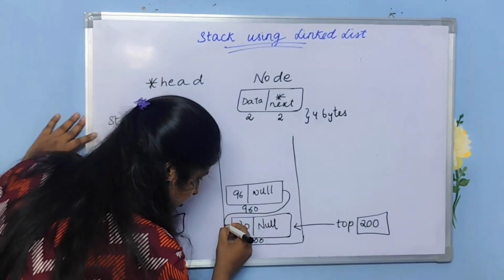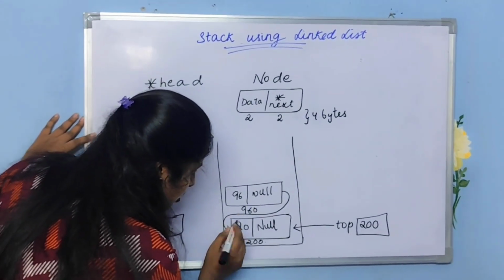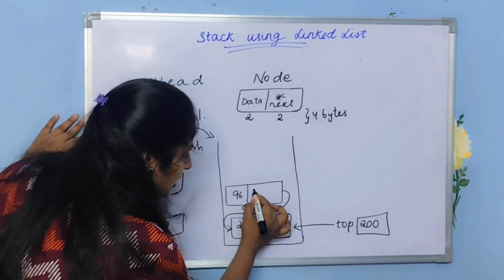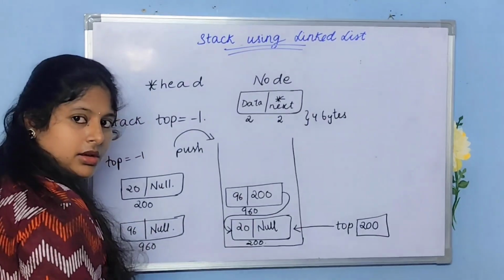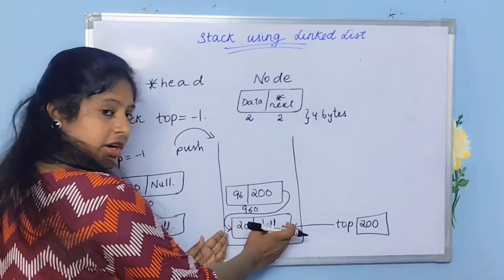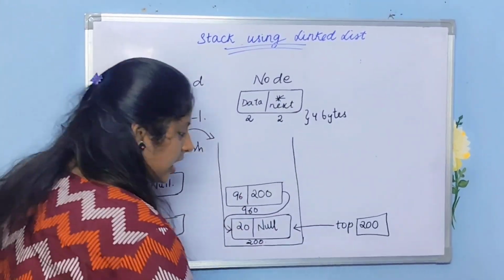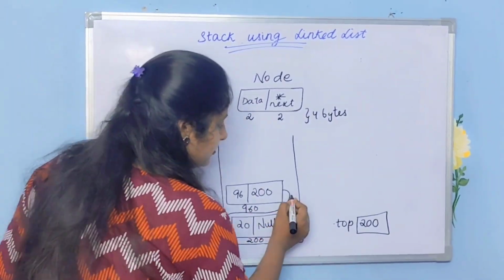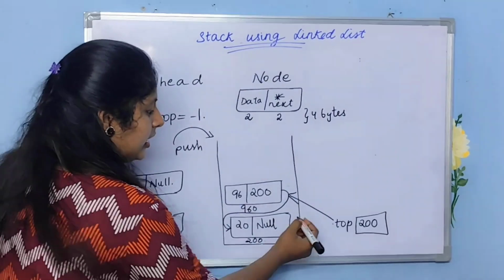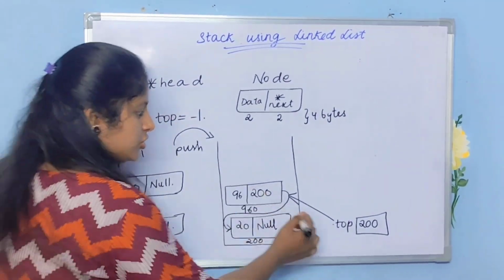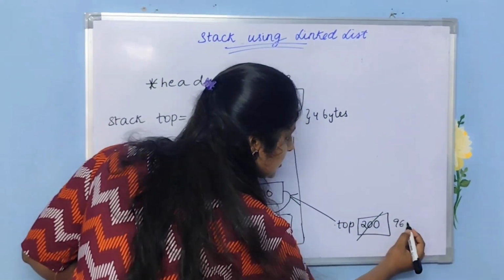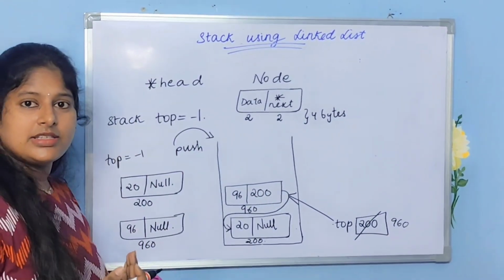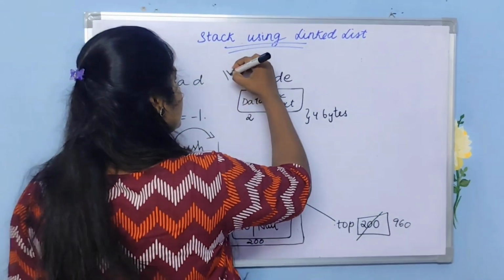So 96's next address is storing 200. This is my first element. This is my second element. Now top always points to my newly inserted node. Top is changed to 960. Just like normal insertion in single linked list, but it follows insertion at head only.